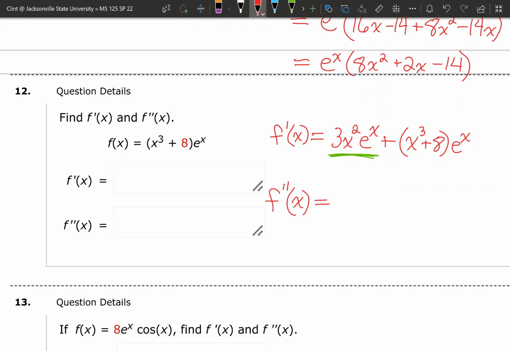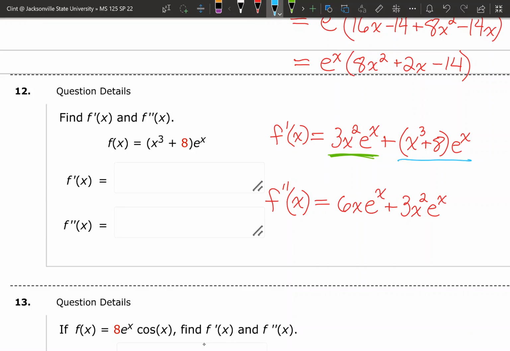So derivative of 3x squared, 6x, times the second term, e to the x, plus my first term, 3x squared, times the derivative of e to the x, which is e to the x. That's that one done.